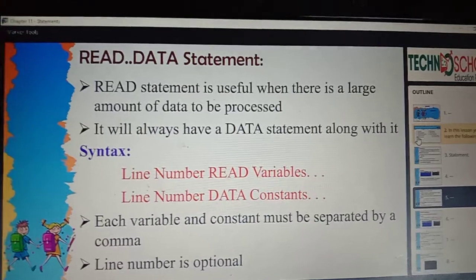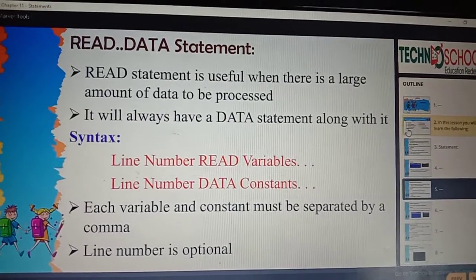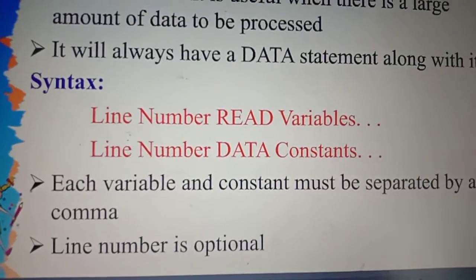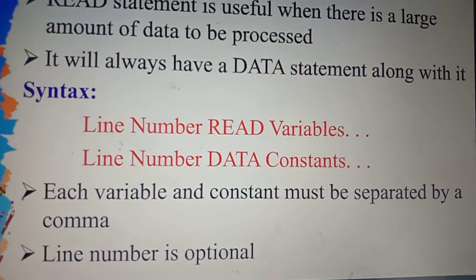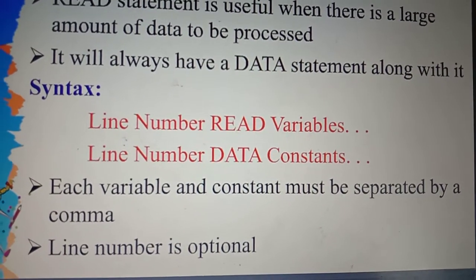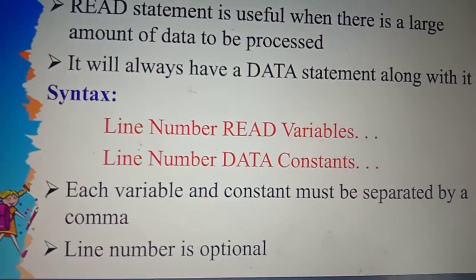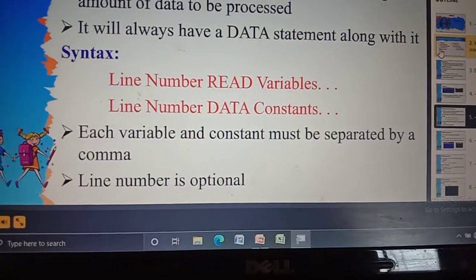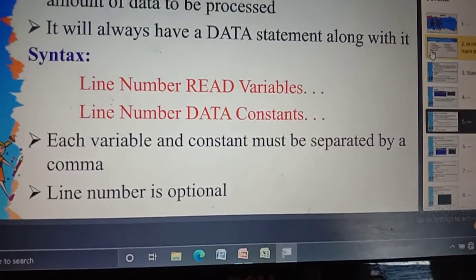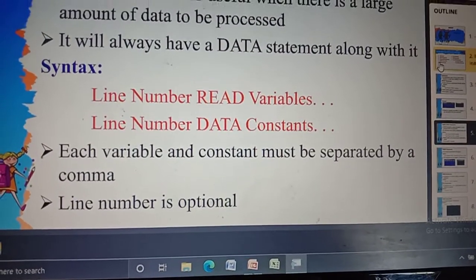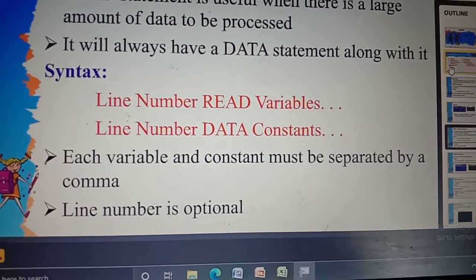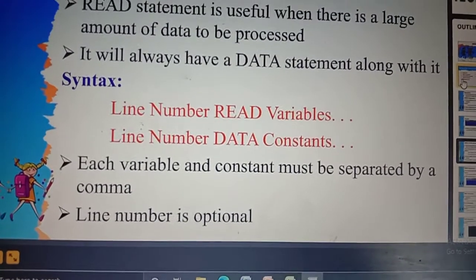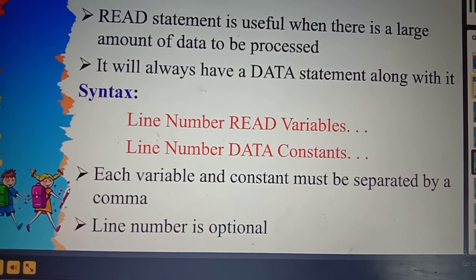Whenever we have a read statement, we also have a data statement. The syntax is line number read variable, line number data constant. Read will be in the form of variables and in data you can type constant values. Each variable and constant will be separated by commas if we have more than one. Here also the line number is optional. If you want you can give it, or else no need.